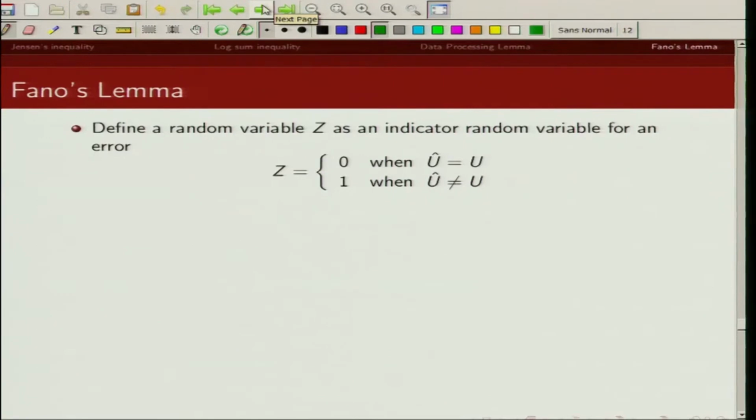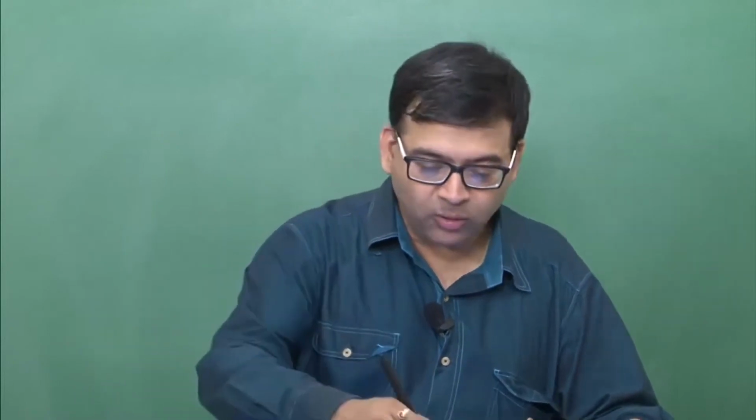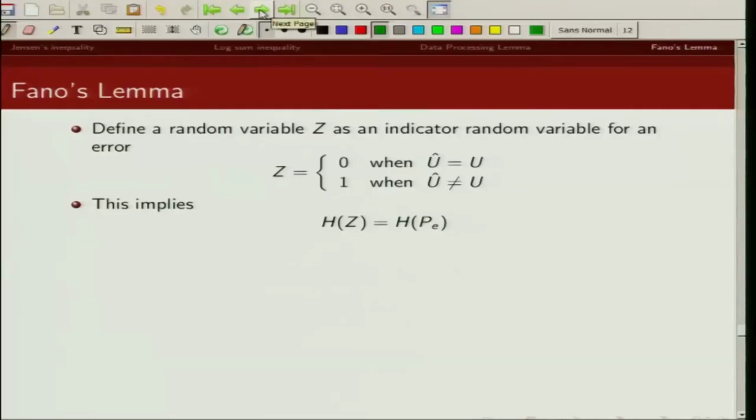So let us prove this result. Let us denote a random variable z, which indicates whether there is an error. So this random variable z, which is an indicator random variable, will be 0 if there is no error, and this will be 1 if there is an error. So z takes two values, either 0 or 1, 0 when there is no error and 1 when there is an error. So what is the entropy associated with z?